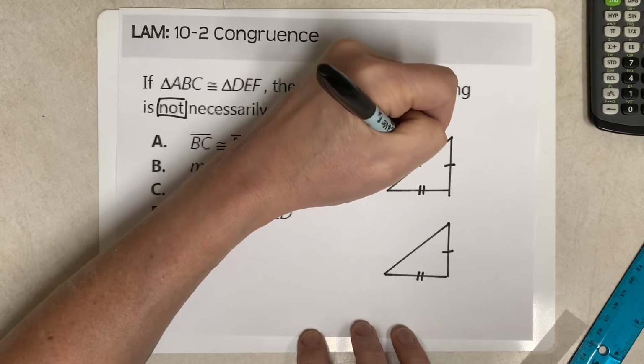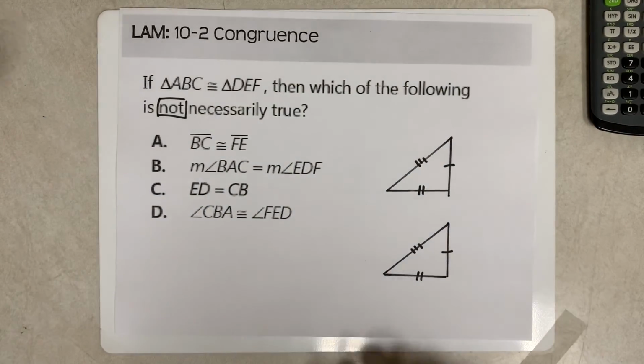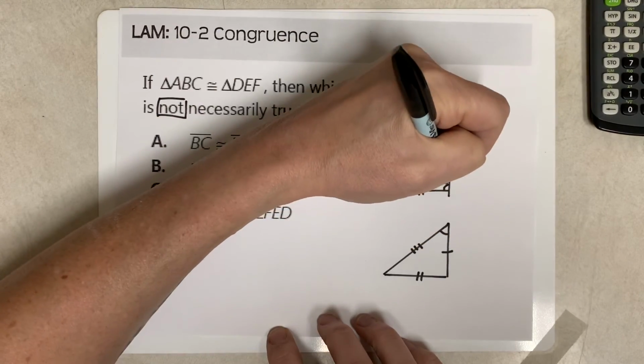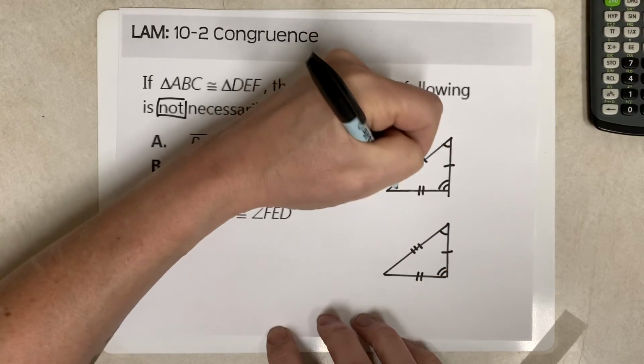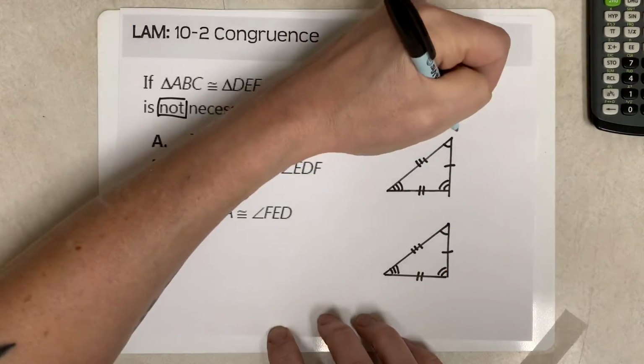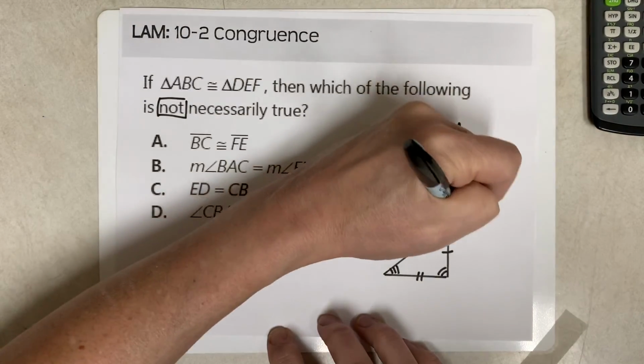I'm going to draw the sides like this. Okay. And I'll draw the angles like this. Might as well, because we probably have to analyze some angles. Okay, ABC, DEF.